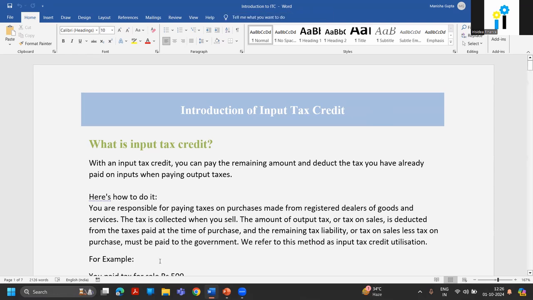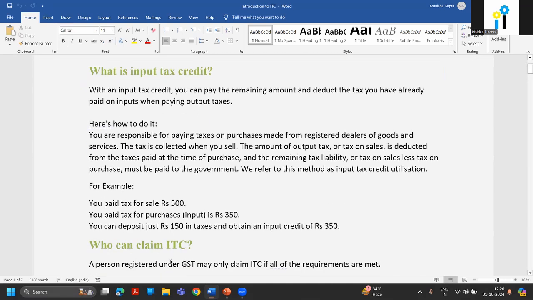For example, you have purchased goods of 1,000 rupees, and you have paid 18% GST on the purchase. Then you sell goods of 1,000 rupees, and in that you add 18% GST, that is 180 rupees.